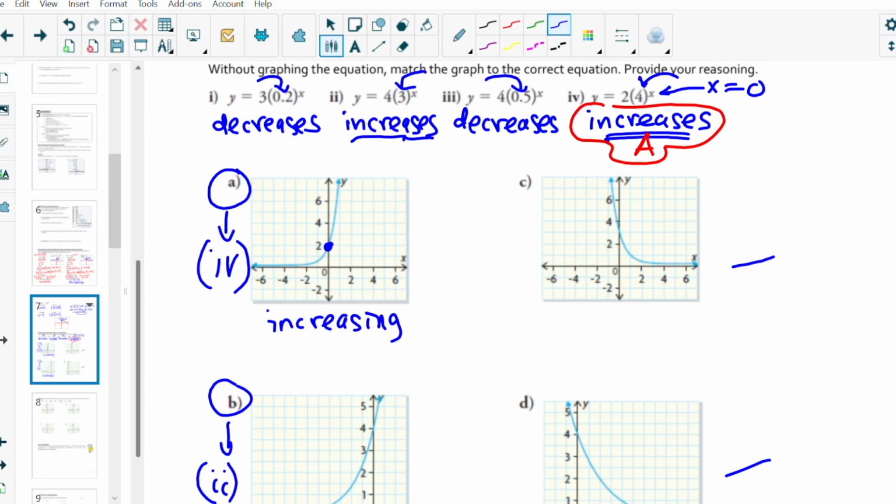I might throw a different graph in there just to fool you, so you've got to check. x equals 0: 3 to the 0 is 1, times 4 is 4. There it is, the y-intercept of 4. So this graph is B.